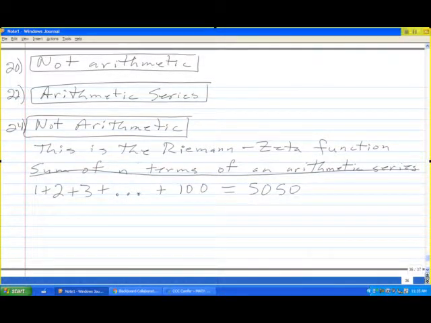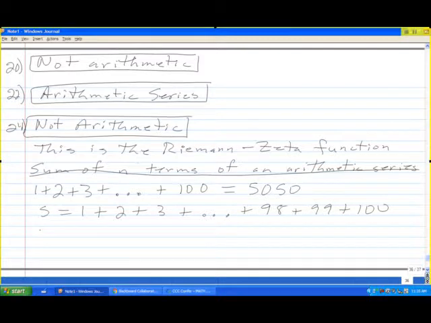So let's see how he did that. Look at 1 plus 2 plus 3 plus, say, 98, 99, 100.